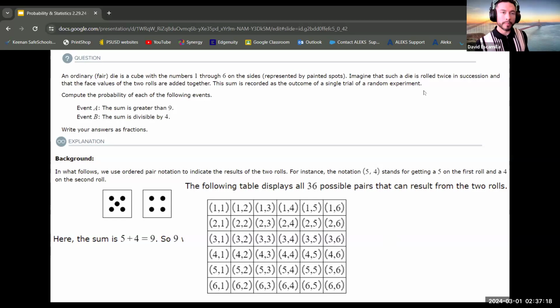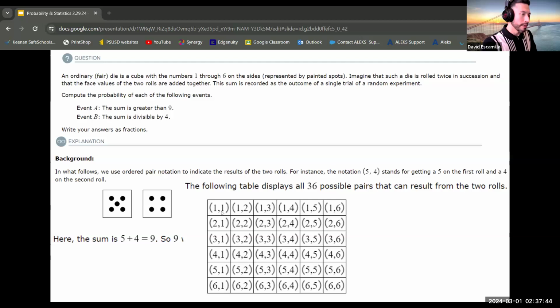All right, let's start by analyzing this chart that I found. I pasted it here. This table is showing the 36 possible pairs that can result from the rolls. I really want you to please notice absolutely everything in this table.